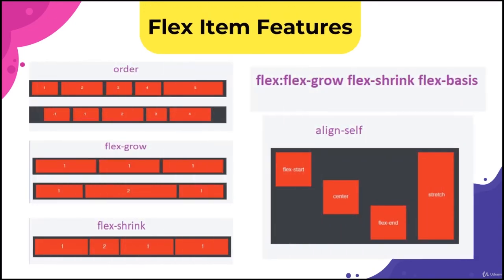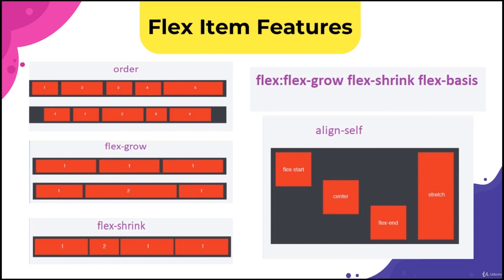Flex items properties. Order determines in what order flexible items should be displayed. Flex-grow. The box where this feature is given will grow by the value given compared to other items. Flex-shrink. The box where this feature is given will shrink by the value given compared to other items.